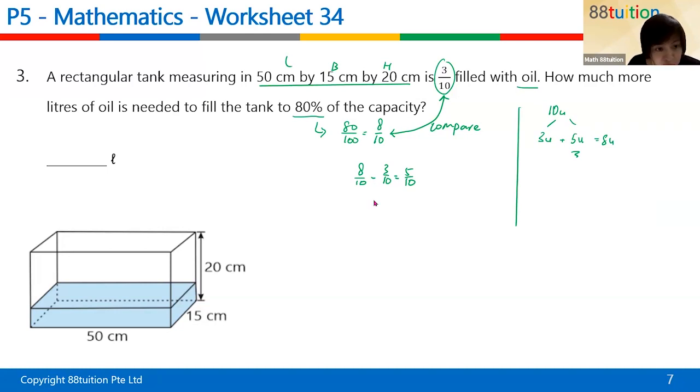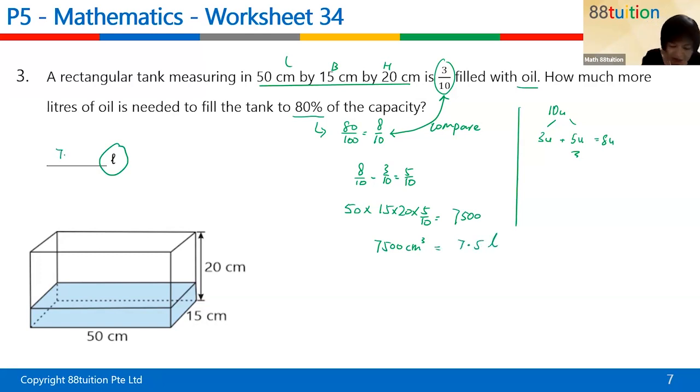You have to use the length, multiply by the breadth, multiply by the height, multiply by 5/10. It depends on how you do it. So it will come out to be 7500. So this is 7500 in centimeter cube. Please note that they wanted liters, so convert it to liters. So you get 7.5 liters.